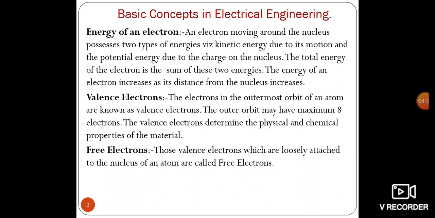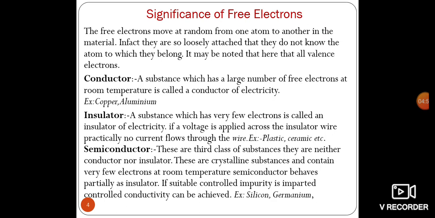They are called valence electrons, and these outer orbit electrons are loosely attached to the nucleus of the atom, and they are called free electrons. So, what is a free electron? We will understand in detail, because we have to understand about the electrical energy.